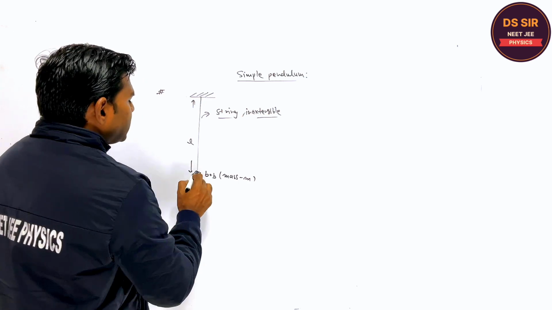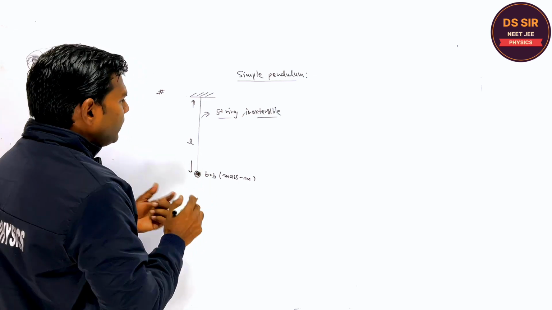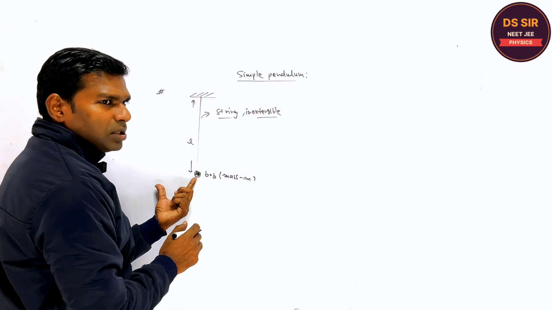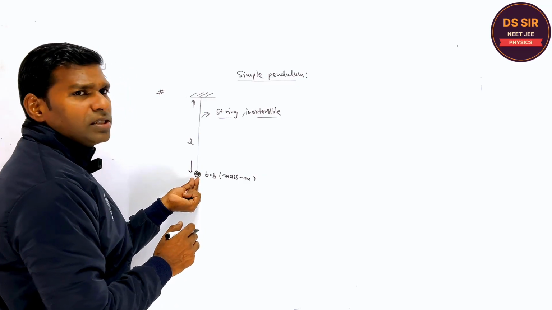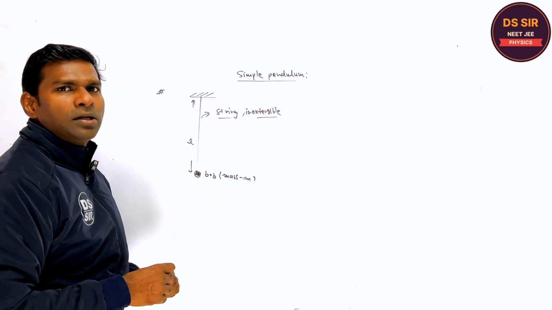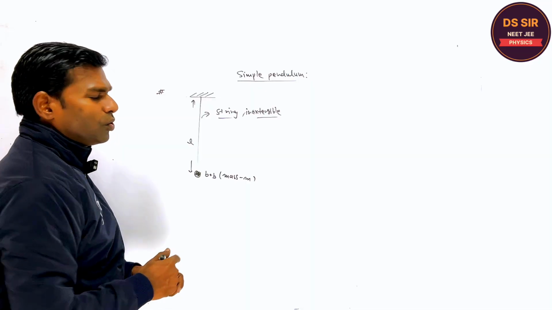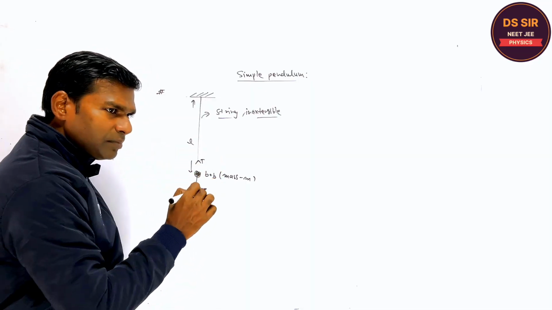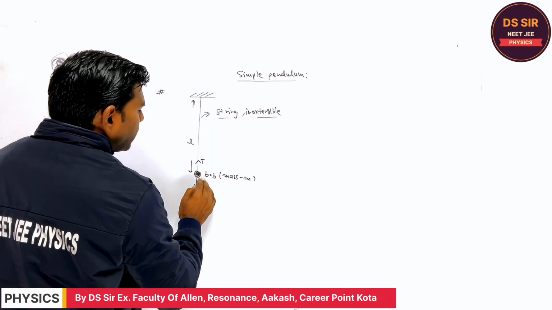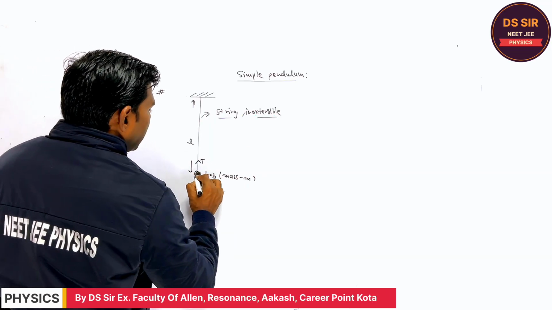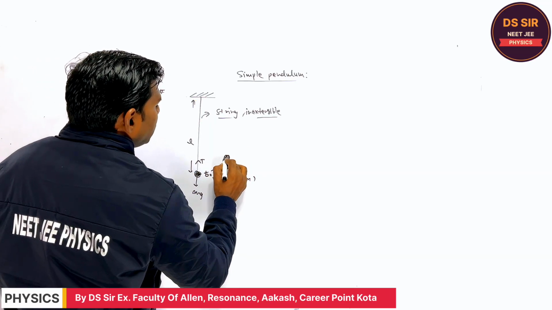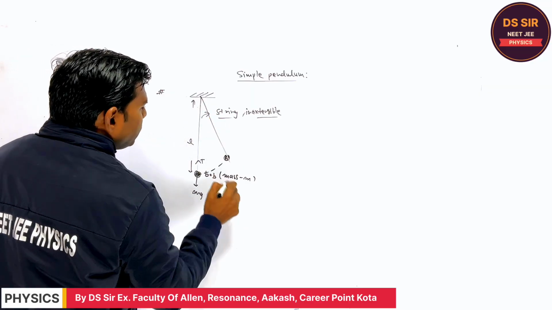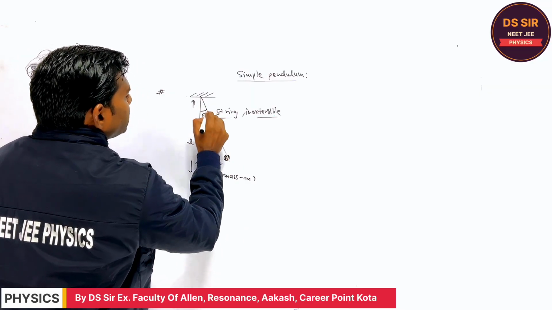So to find the simple pendulum time period, what we have to do, this is the equilibrium position. What is the meaning of the equilibrium position? Net force on this is 0. What does it mean? So mg and tension will be the same. So you tell me, if you give a small displacement to this block, this is theta.